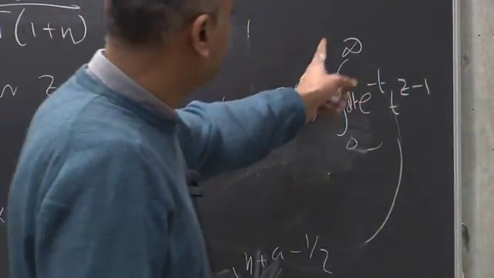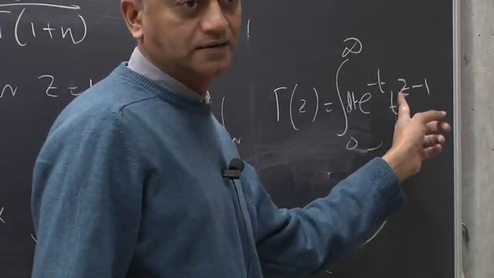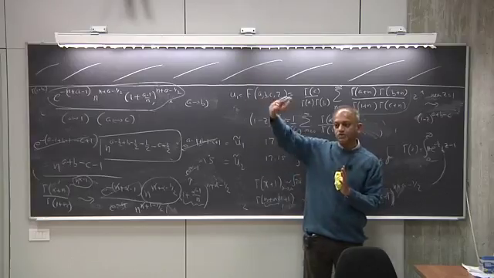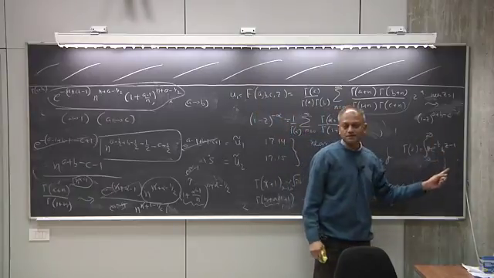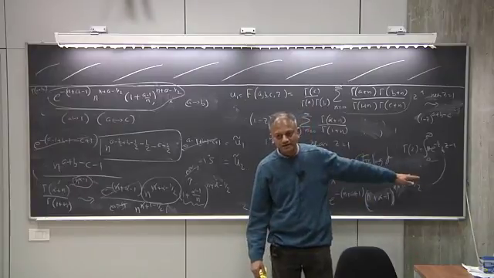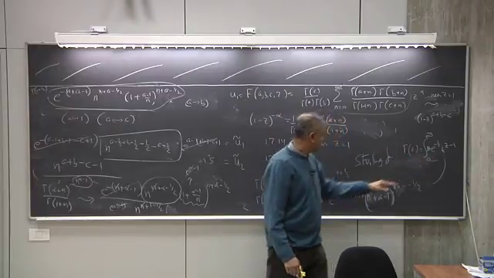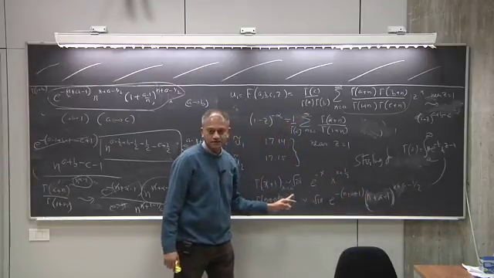And then we tried to evaluate this integral for large real part of z, very large, positive infinity. In that case, we used the steepest descent method, saddle point approximation, to evaluate the integral. And we found that in that approximation, it gives you this behavior.